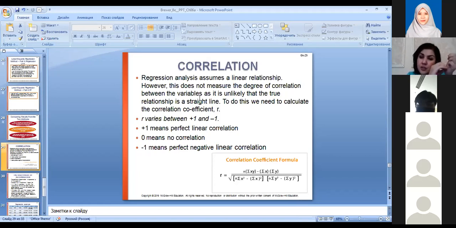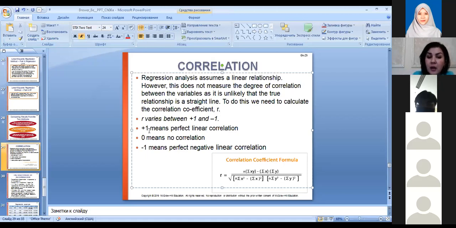The correlation coefficient shows to what degree these two variables are interrelated. So let's look: the correlation coefficient R varies between +1 and -1.